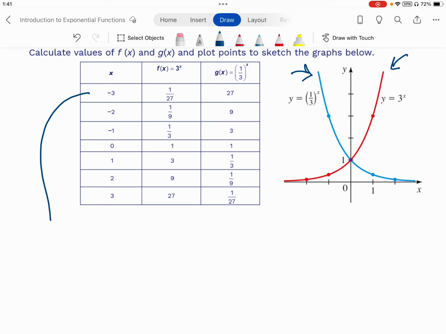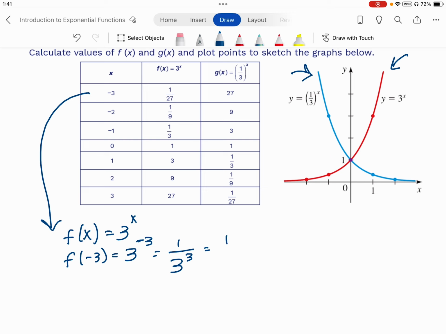So for this right here, when they were using an x value of -3 and plugging into that 3 to the x, f of -3 would be 3 to the -3, and then because of exponent rules, and that's negative, we would move that to the bottom, and that would make that a +3.